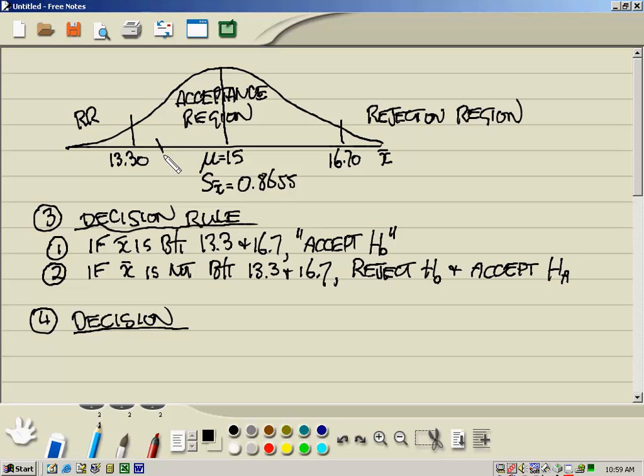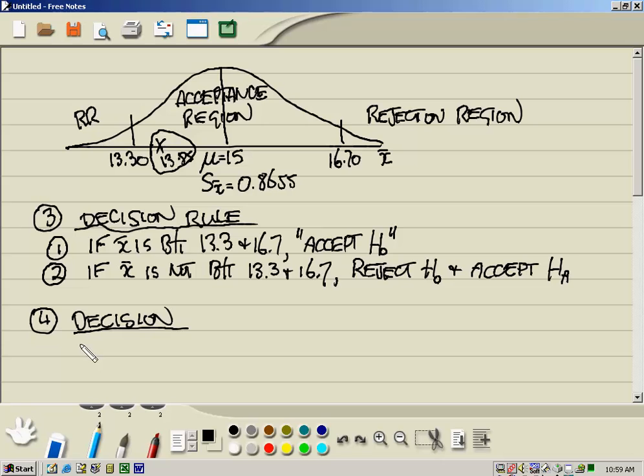We'll place it here. It's the X bar. It's between the critical limits. And so we'll use part one of the decision rule.